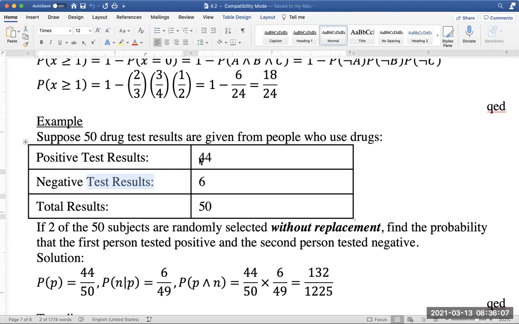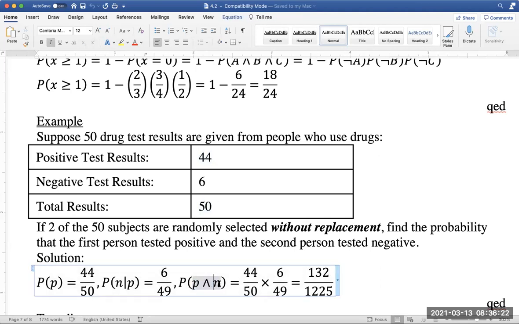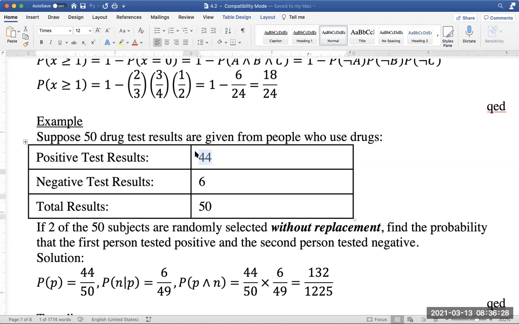Note that the probability that the first person tests positive is 44 out of the 50. And the second person tests negative. Well, we've already picked one of them, and one of them tested positive.